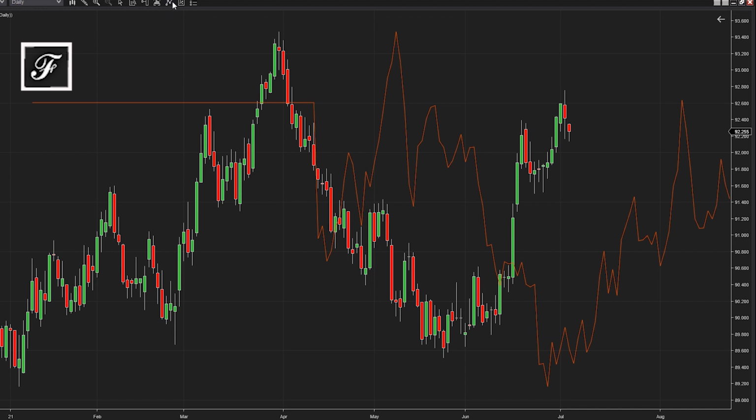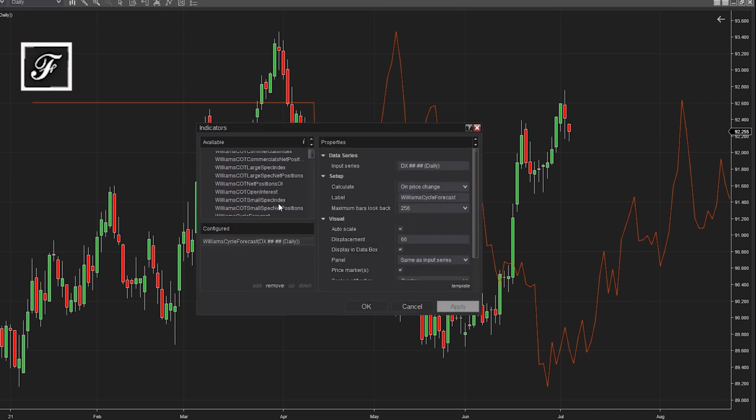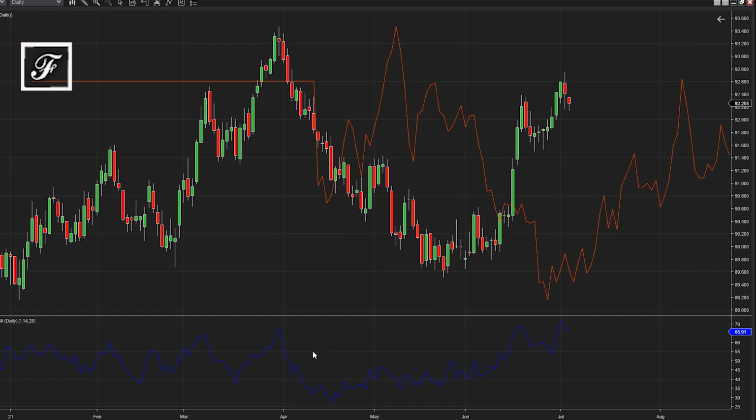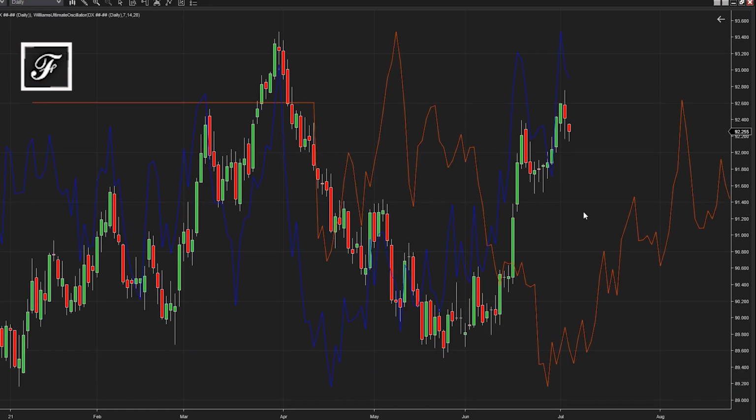Let me check the ultimate oscillator. Maybe we have some divergence there. It's working quite well, I mean the ultimate oscillator for the American dollar, so you can trust that one. No, there is no divergence. You can see it actually just followed the price. Here we had divergence.